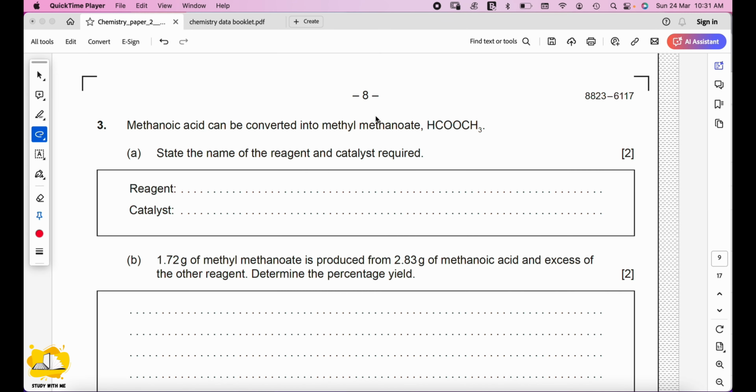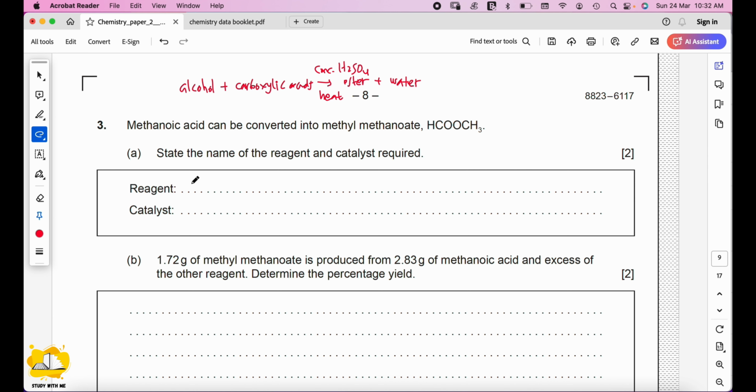Methanoic acid can be converted into methyl methanoate. State the name of the reagent and catalyst required. So methyl methanoate is an ester. So to make ester, you need alcohol and carboxylic acid, producing water, using concentrated H2SO4 and heat.